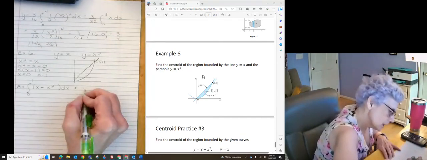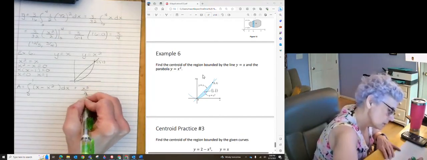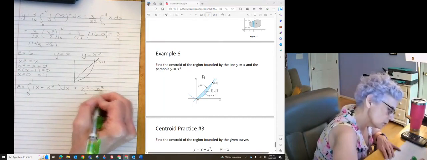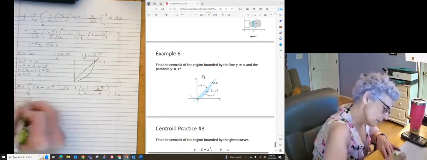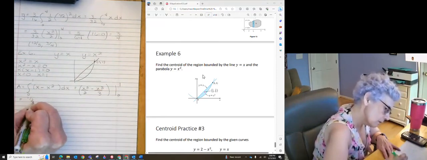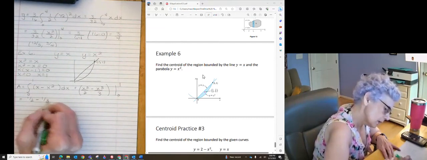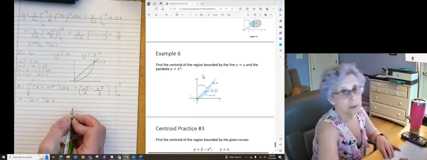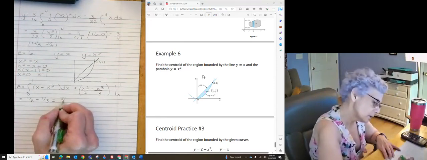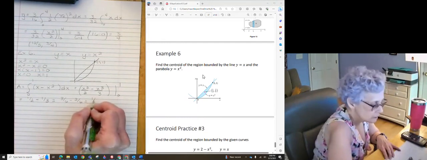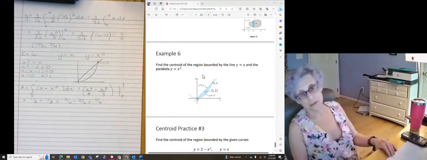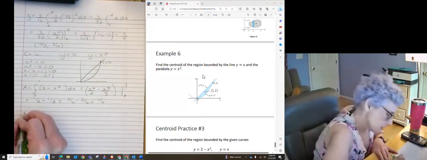So this would be x squared over 2 minus x cubed over 3 from 0 to 1, and luckily it's not too hard to do in your head. 1/2 minus 1/3 would be 3 over 6 minus 2 over 6, which is 1 over 6.